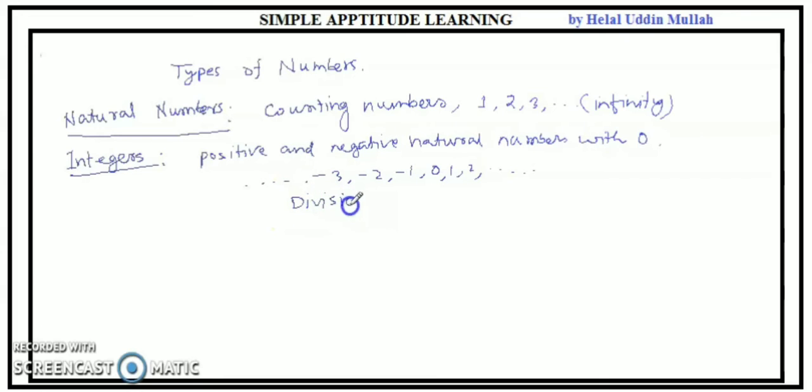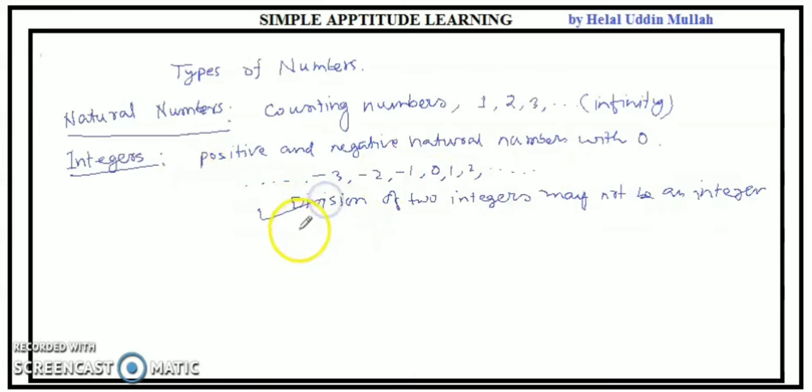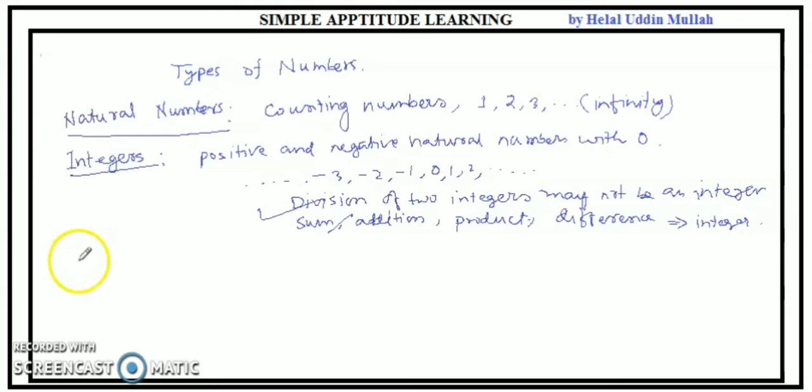But sum or addition, product or difference, etc. are integers. So this is the property of integer numbers.